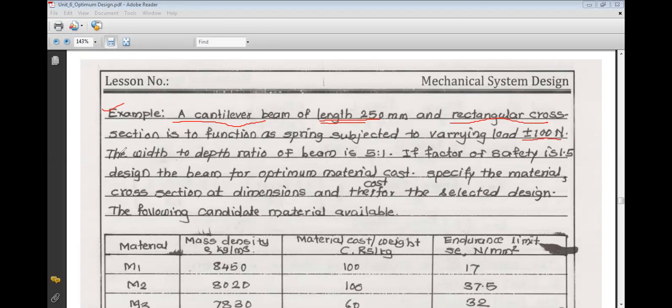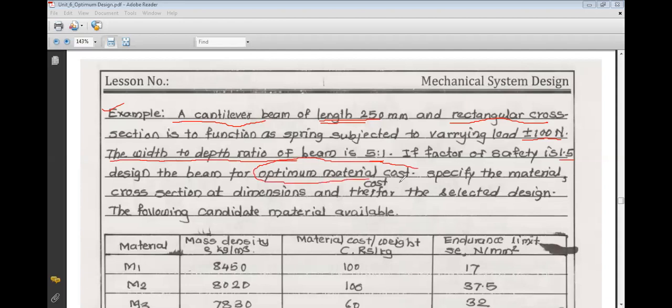The width to depth ratio is given, that is the rectangular cross section having width and depth. That ratio, width to depth ratio of the beam, is 5:1. If factor of safety is 1.5, design the beam for optimum material cost.